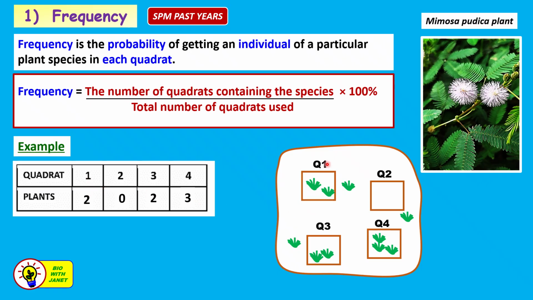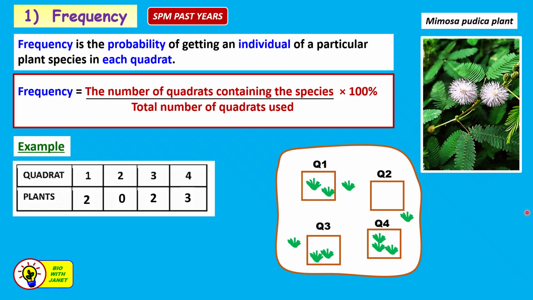Okay, quadrat 1, 2 plants, quadrat 2, 0, quadrat 3, 2, and quadrat 4, 3 plants, right? Now after that, you can be asked to calculate the frequency and density, okay, for a structured question. So try and calculate the frequency. Take out a pen and paper and calculate the frequency based on the formula given here.